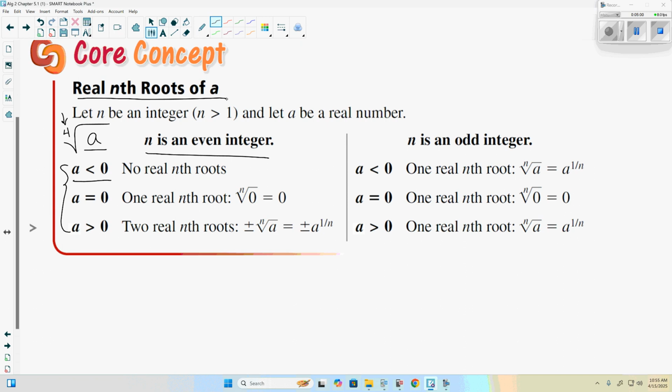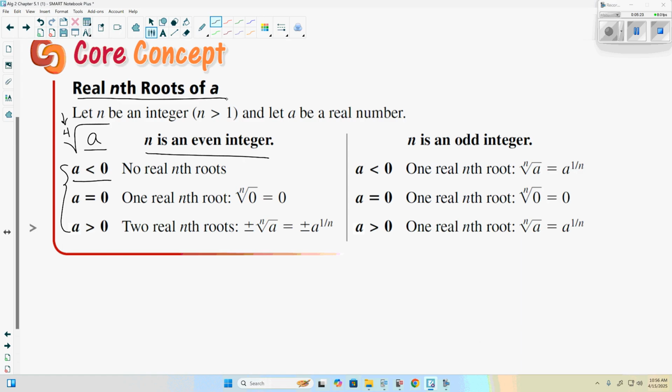The second case is that a is equal to 0. It doesn't matter what root we take of 0, the square root, cubed root, any root. Because when we take any of these roots, we're saying what number times itself this many times gets us the number inside.